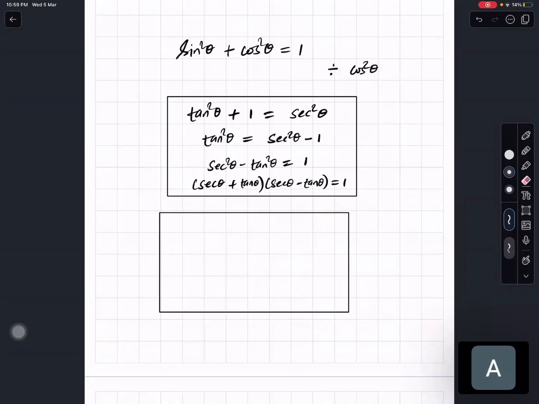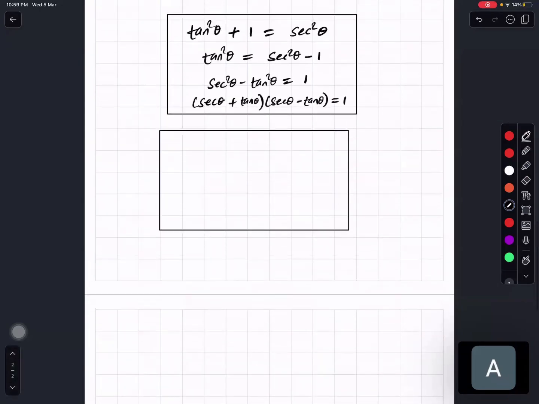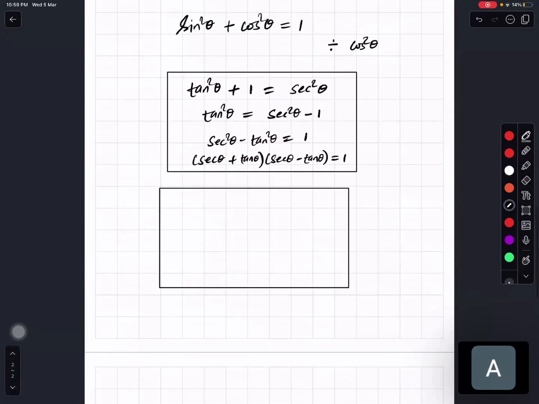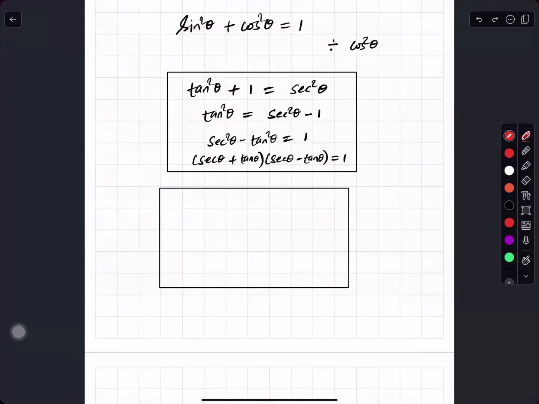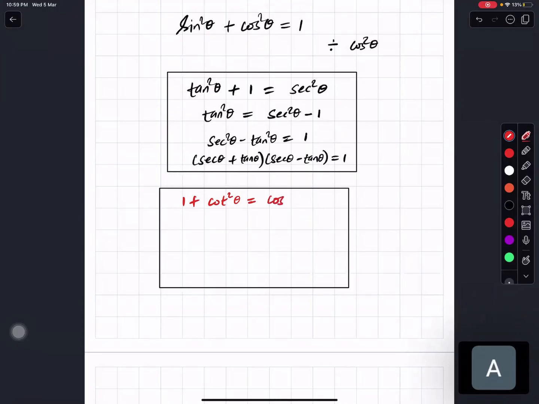So I will just finish writing it here once. If we divide everything by sine squared theta, then you get 1 plus cot squared theta, which will be equal to cosec squared theta. Therefore, again, you can say that cot squared theta is equal to cosec squared theta minus 1.